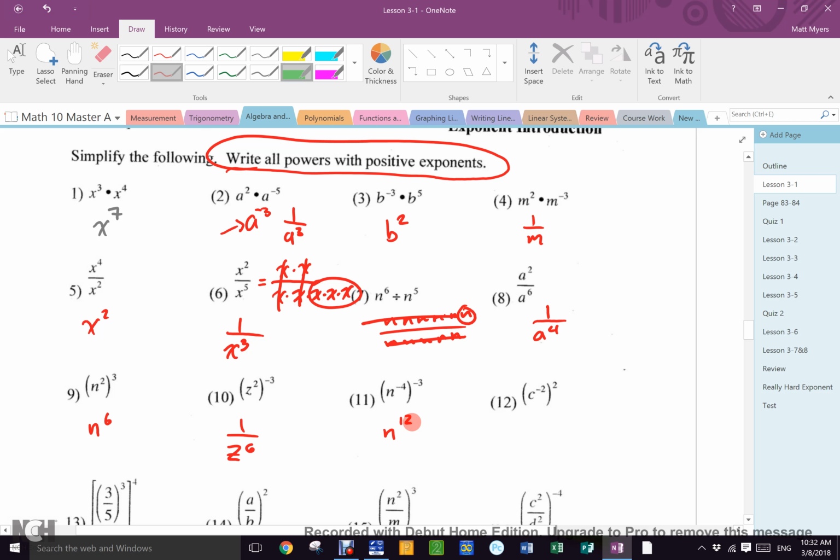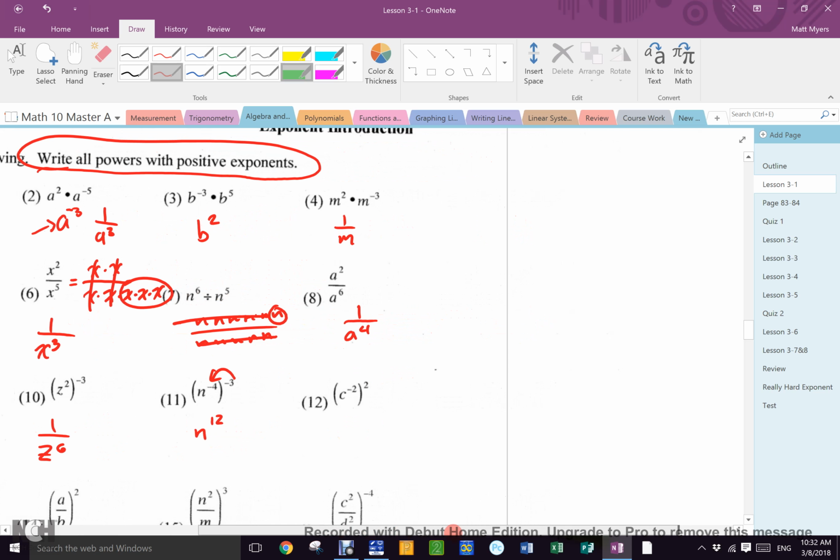N to the 12th? Wait a minute. How does this happen? Those are both negative. Which means, shouldn't this go to the denominator? If you have the rule memorized, you're absolutely correct, Ryan. Yes. If you remember that I just multiply, great.